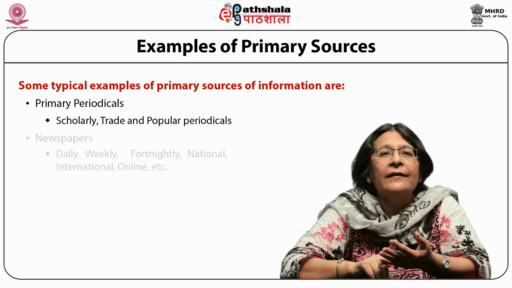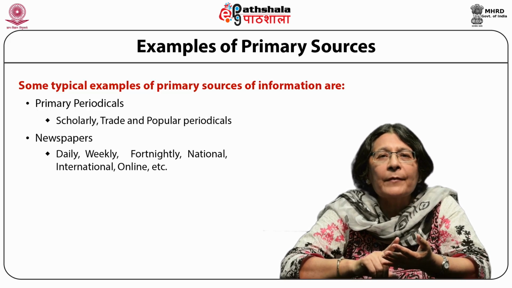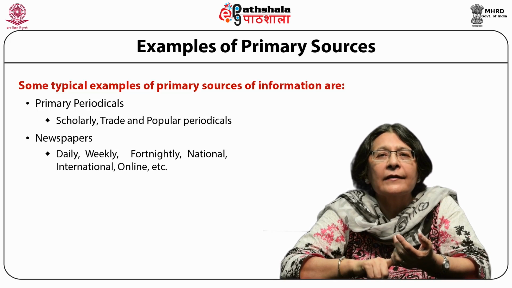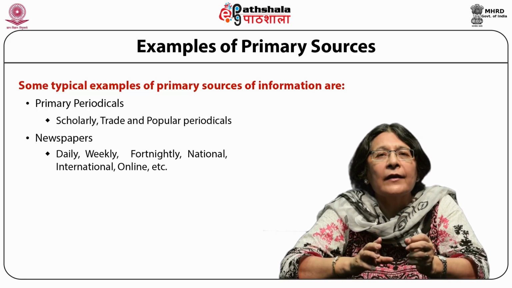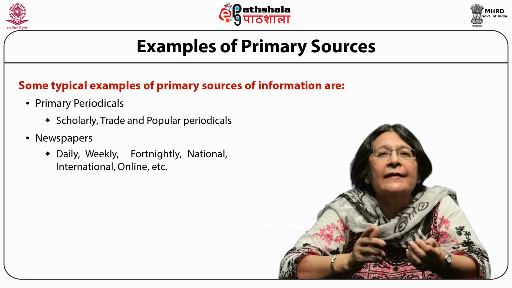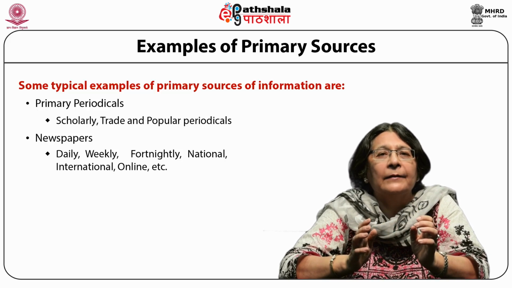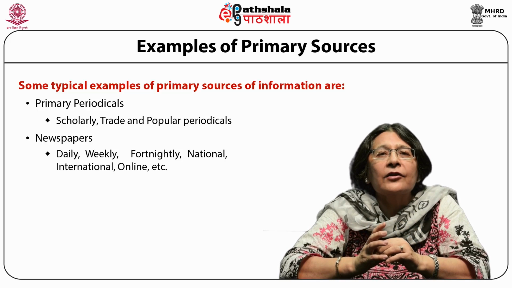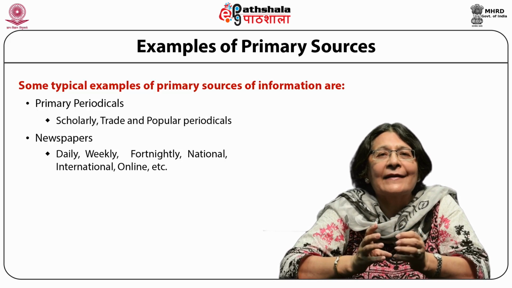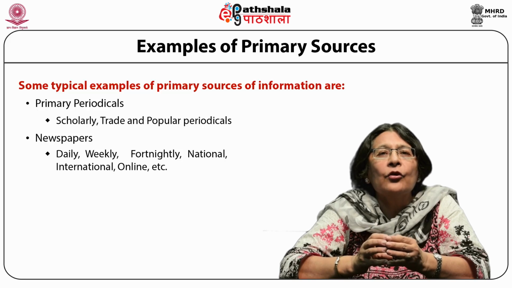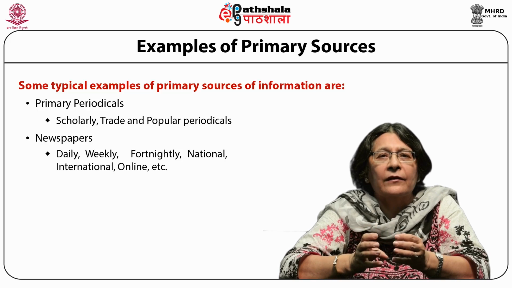Next example is a newspaper. A newspaper is a scheduled publication containing news of current events, informative articles, diverse features, editorials, and advertising. It usually is printed on relatively inexpensive low-grade paper known as newsprint.